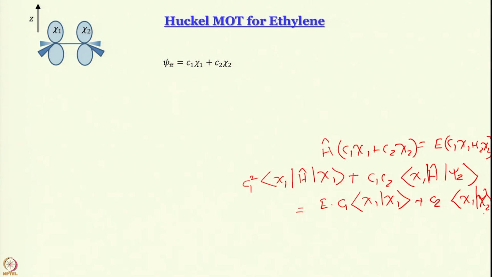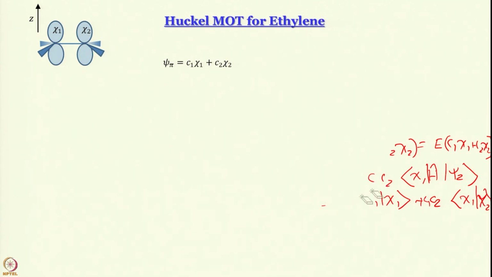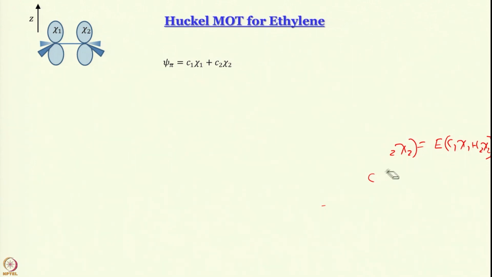So, this is essentially what I get, and then I go ahead and develop this system of linear equations, and from there we get the by now familiar secular equation, right. The secular determinant is equal to 0, and whatever integrals I wrote here, they all get written once again in an abbreviated form.